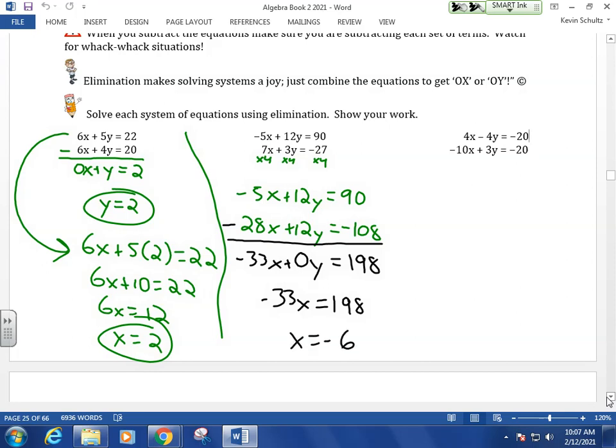Okay? To find the value for y, now that we know what x is, we can go back to either equation up on top. We'll stick with our theme and go with the first one here. So x is negative 6, which means we can rewrite this to be negative 5 times negative 6 plus 12y equals 90.